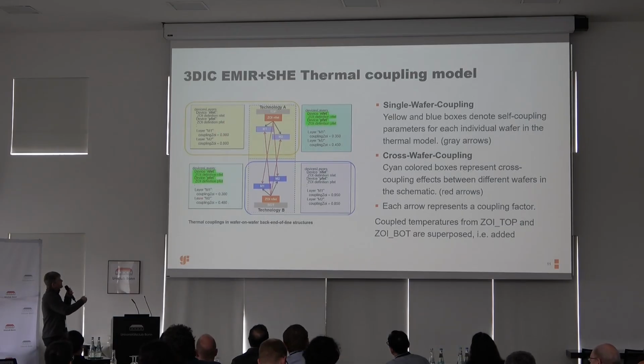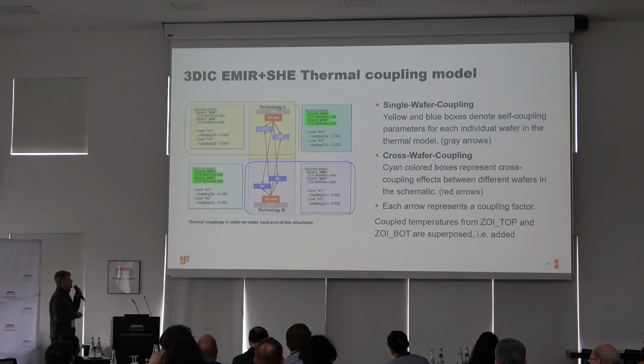But in addition to this, we are suggesting this cross-coupling, adding these red lines, meaning the coupling from this device into the other wafer's metal segments, and this can be formulated modularly too.